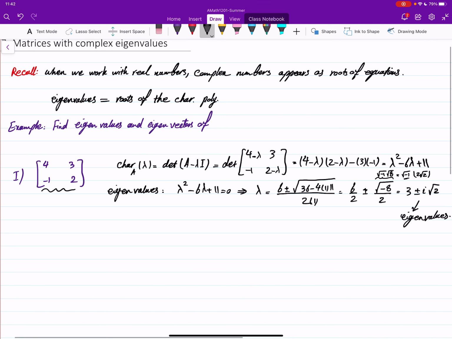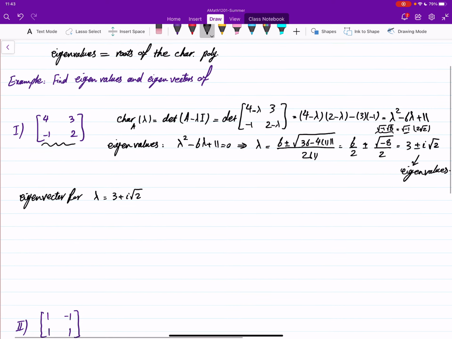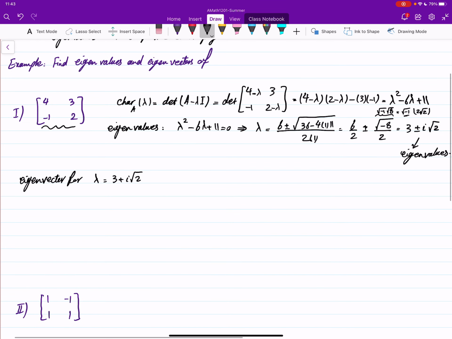How do we go about the eigenvector? We do exactly the same way as we did for real numbers. Let me just fix one of these. We try to solve A minus lambda I times the vector (x, y) equals (0, 0).